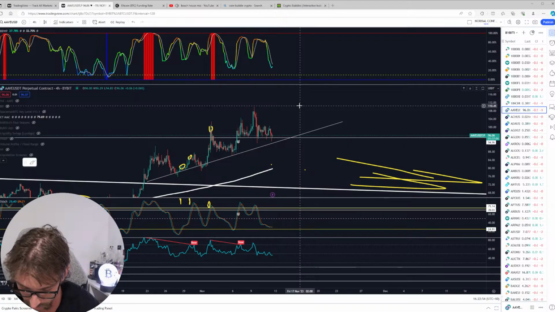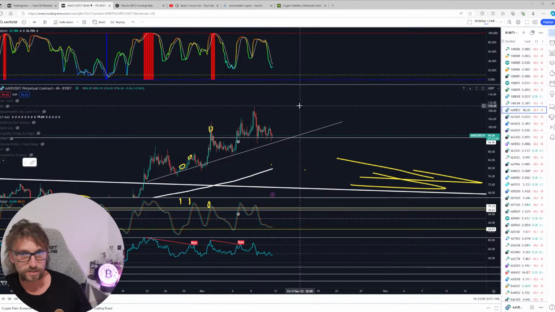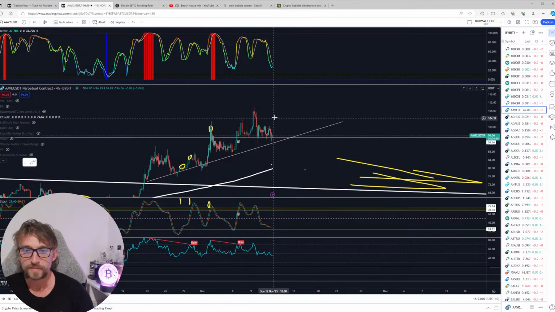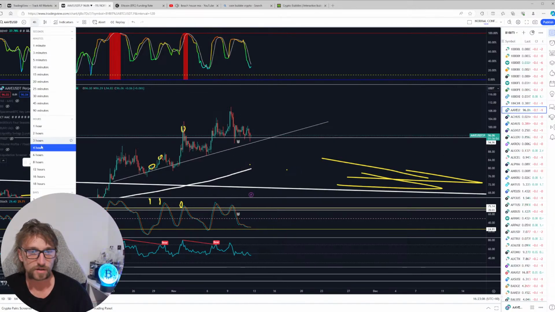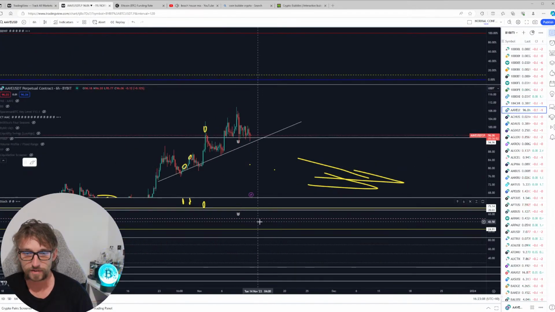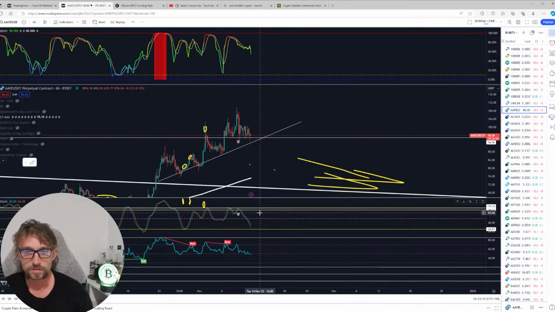There's nothing on right now. AAVE. You could find 10 to 20% on this one. Come back, reversion. It's at range lows. Where's the momentum sliding?